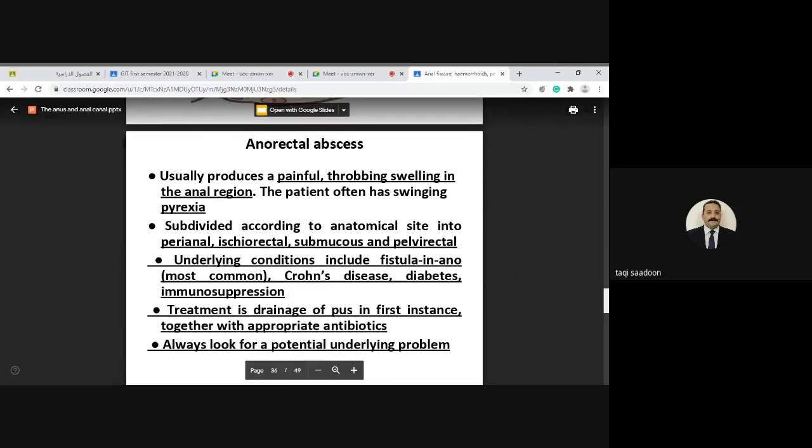There may be Crohn's disease, which is the cause of perianal abscess, or maybe diabetes or immunosuppression with AIDS or other immunocompromised states. Definitely, this is abscess. Any abscess needs drainage with appropriate antibiotics, and you should always exclude other pathology like Crohn's, diabetes, AIDS.